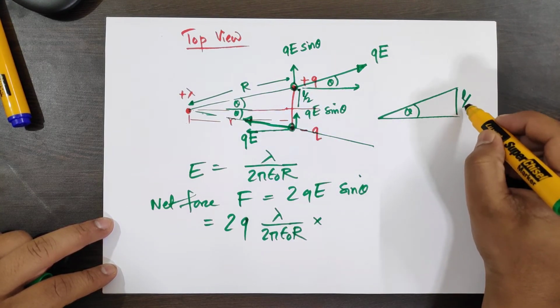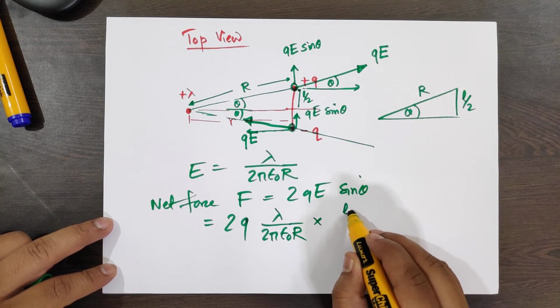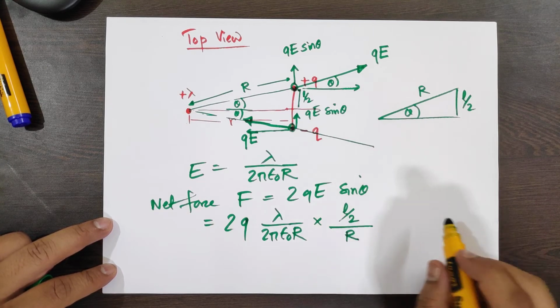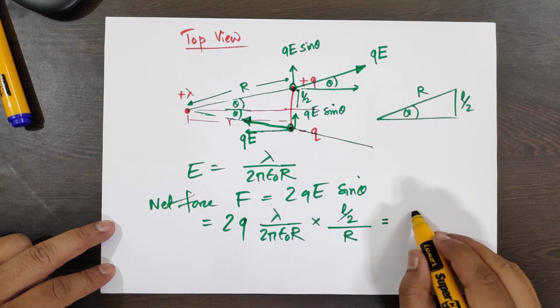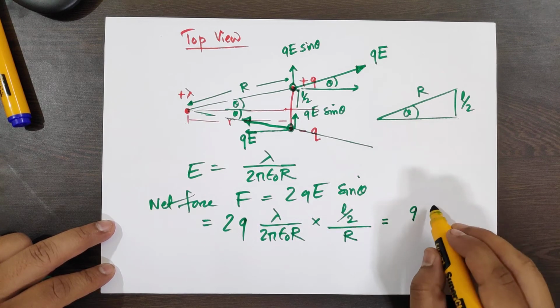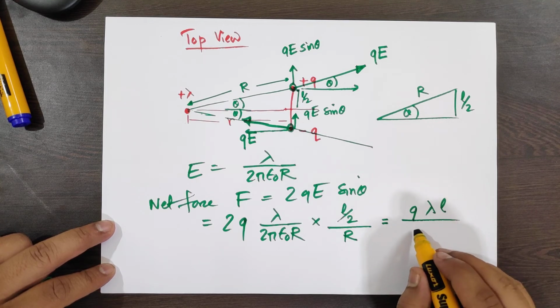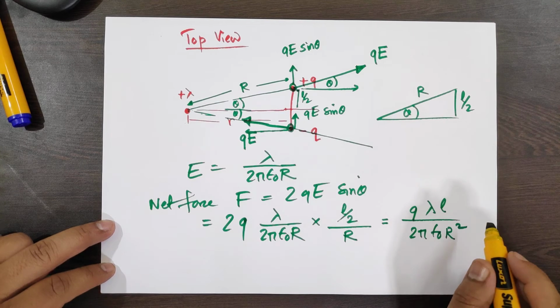So this is L by 2 and this is R. So sine theta is L by 2 divided by R, so this 2 will cancel out. So Q lambda L divided by 2 pi epsilon naught capital R square.